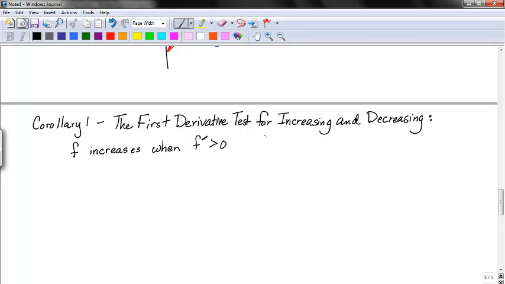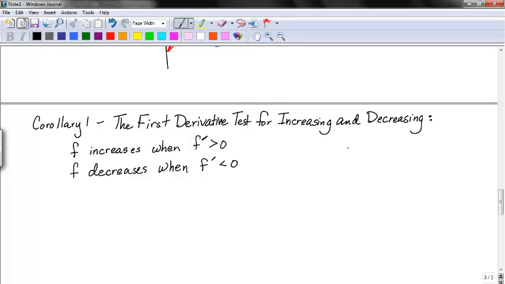So the function is actually increasing when the slope is positive. And f decreases when f prime is less than 0. When the slope is negative, your function decreases.